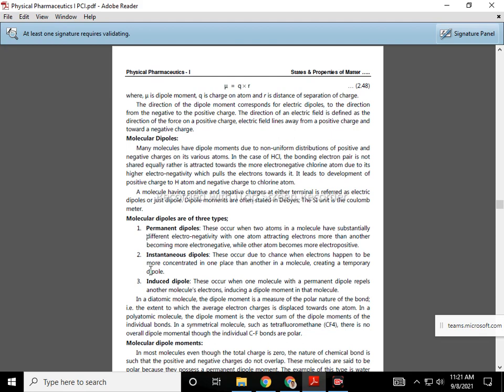Such kinds of instantaneous dipole may occur endogenously, meaning due to the influence of its own structure, or it may occur when the particular molecule comes in a particular vicinity. Vicinity means in that location.